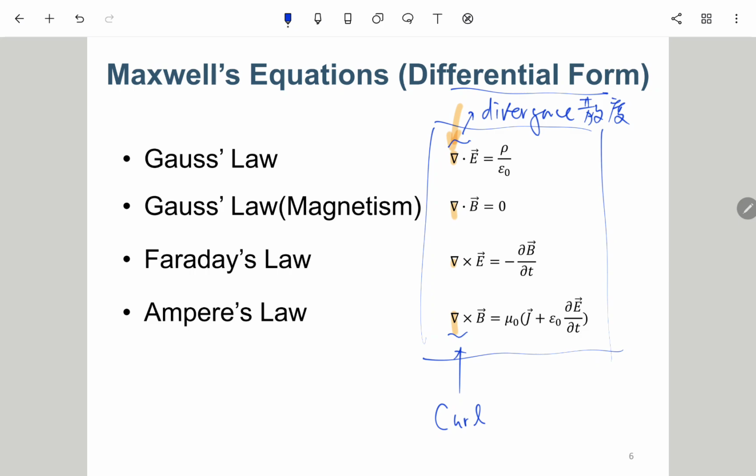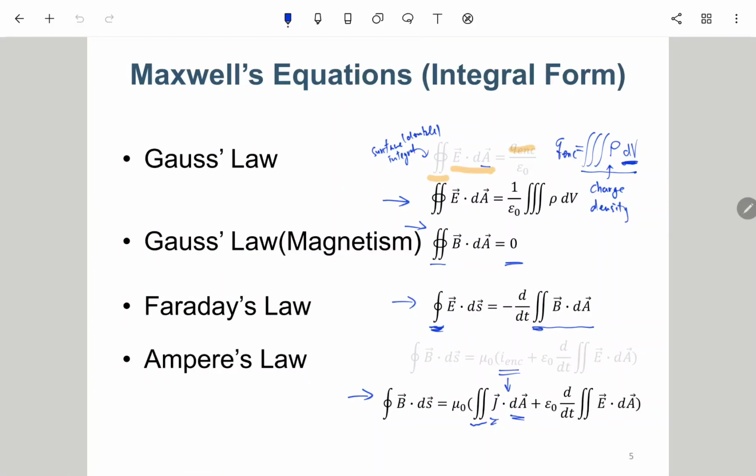But how can we derive it? Before knowing the mathematics behind it, you can just by observation recognize some similarity here. On the left side, just look at these two: Gauss law for magnetism, and Gauss law. On the left side, we have the surface integral of E dot dA and the surface integral of B dot dA.